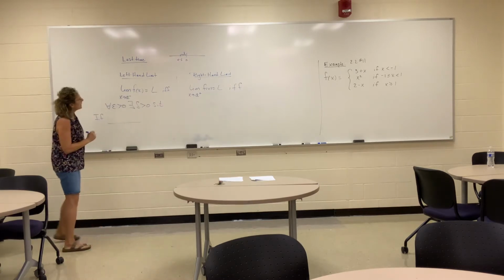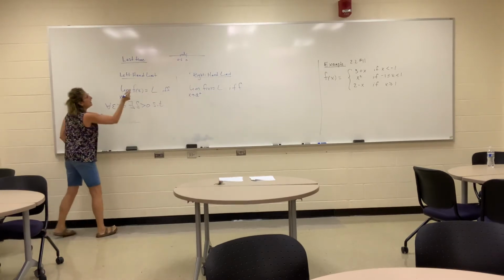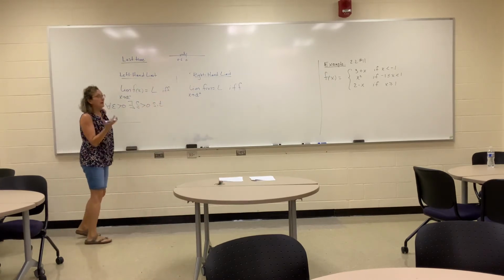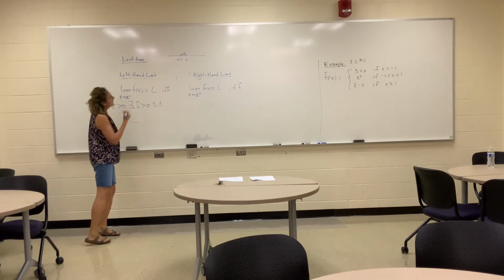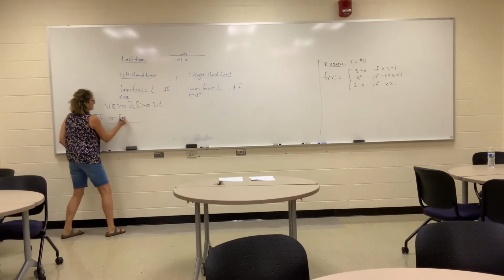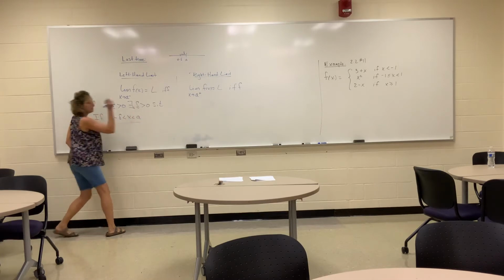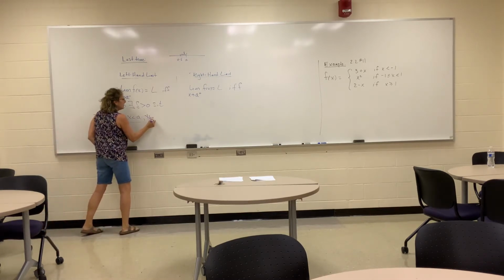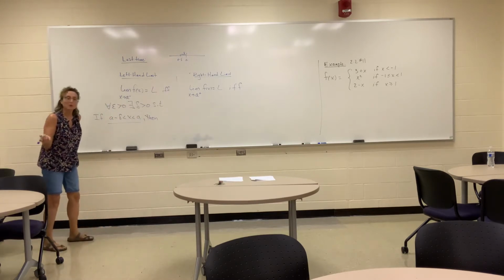That's where x gets to live. So the restriction on x is a minus delta less than x less than a. And if that's true, then we've got the exact same conclusion we had before.